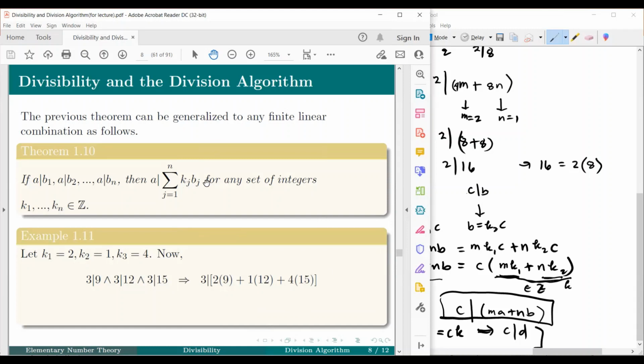Now we're using this one. And then we simplify. 3 divides 18 plus 12 plus 60, and that is equal to 3 divides 90. So, of course, 3 divides 90 because we can write 90 equals 3 times 30, where 30 is our K.